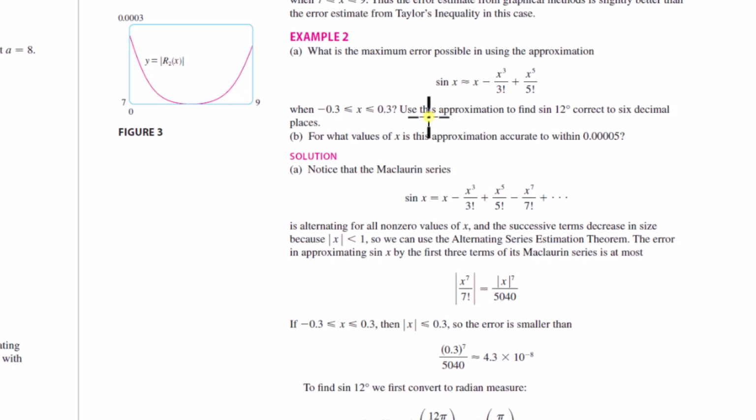And then we're going to use this approximation to find sine of 12 degrees, correct to 6 decimal places. And then we want to find for what values of x this approximation is accurate to within 0.00005.